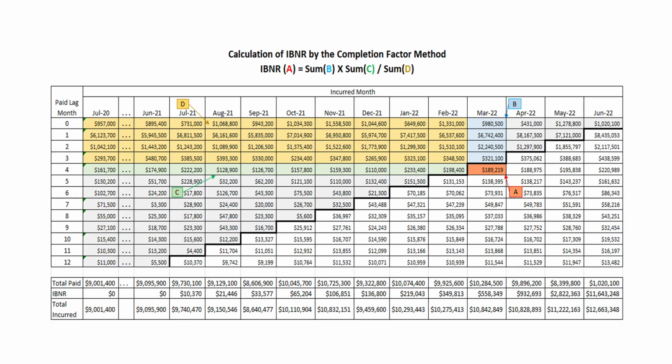For March 2022, that amount is $558,349. The total IBNR is arrived at by summing the monthly IBNR subtotals in the IBNR row near the bottom, in this case $16.9 million. Total incurred claims are the sum of the cells in the total incurred row at the bottom.